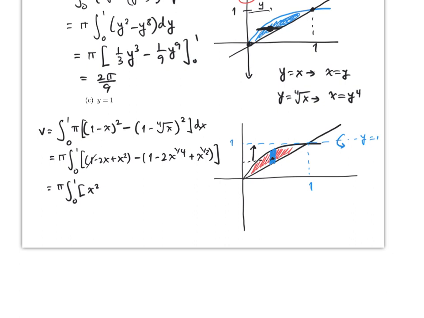Notice that the ones will cancel, so you will have plus 2x to the 1/4 minus 2x minus x to the 1/2. And each of these terms is very easy to integrate. So when you integrate, you should check on that. The integration is pretty simple, and when you plug in the limits of integration, you should end up with 4 pi over 15. And that's it.